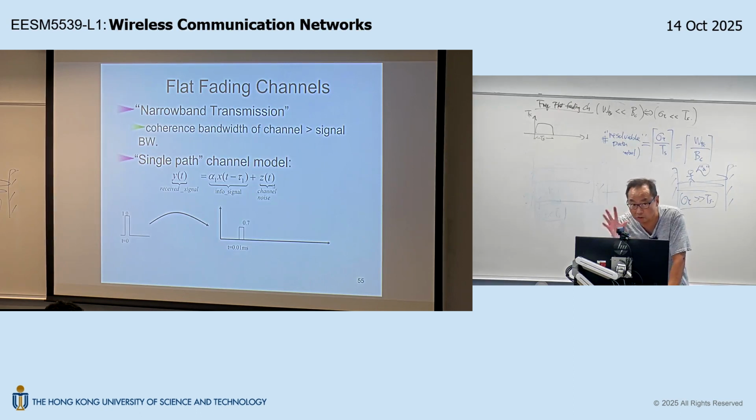So this is different from additive White-Gaussian noise. In additive White-Gaussian noise channel, there is no alpha. What you receive is the transmitted symbol undistorted plus the channel noise. Okay? So now with this flat fading channel, what you receive is a distorted transmitted symbol, distorted by this fading coefficient, plus the additive White-Gaussian noise.